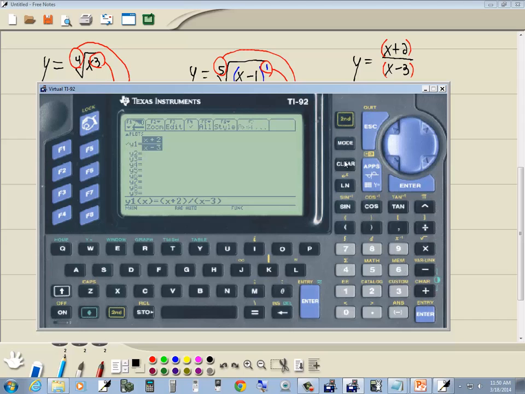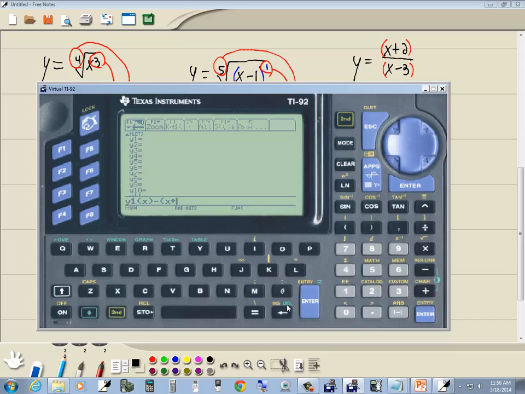Then come back here, press clear. I do my beginning parentheses, x plus 2. I haven't really shown you any kind of editing features here. So x plus 2, close parentheses. Oops, what did I do? I just put a 5. Well, this right here is how you can go back and delete those. This is probably the easiest way, as this will delete the character to the left of it.